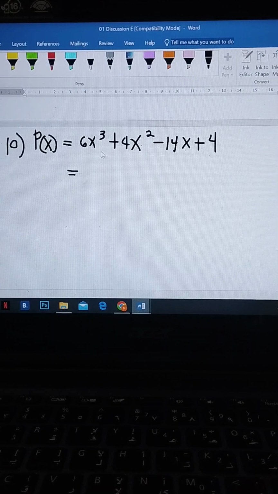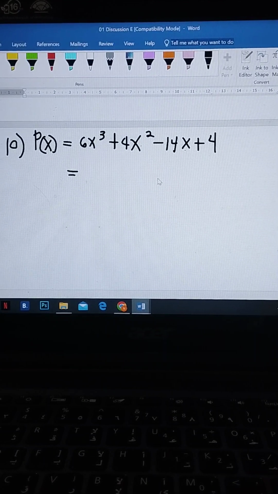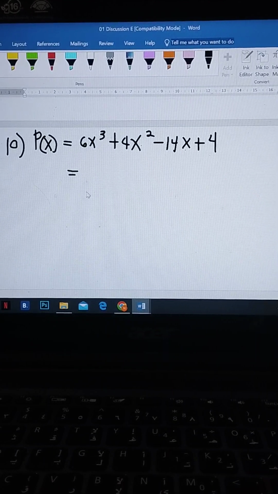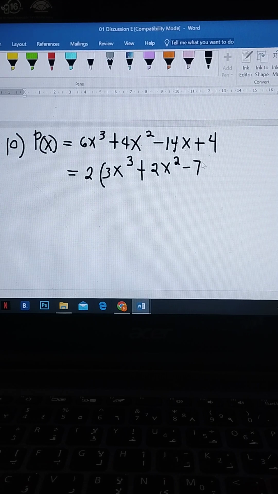Okay, all the coefficients are even numbers, so you can still factor out the GCF. The GCF is 2, so 3x cubed plus 2x squared minus 7x plus 2.